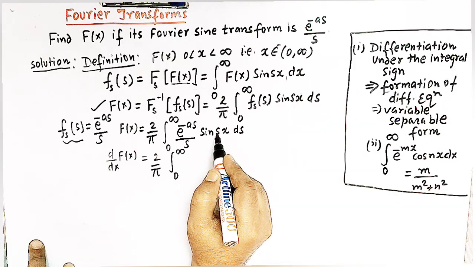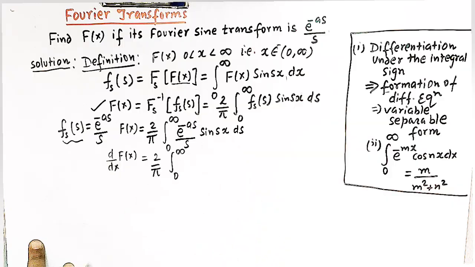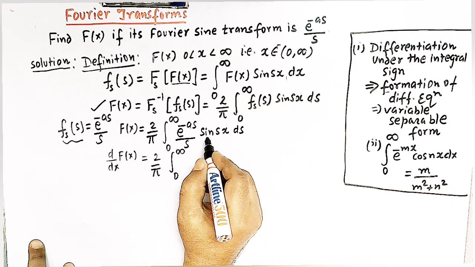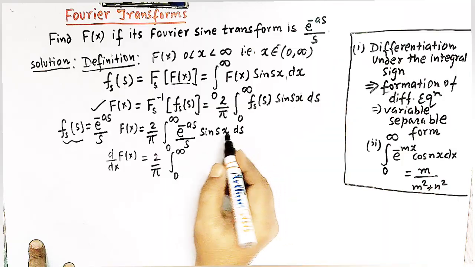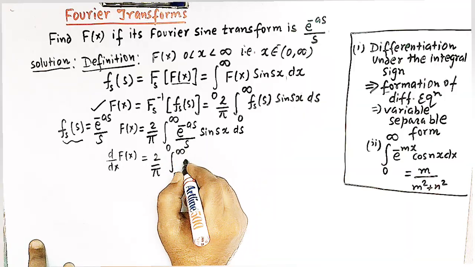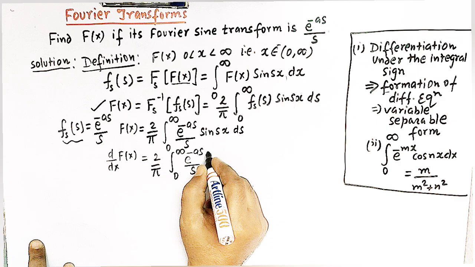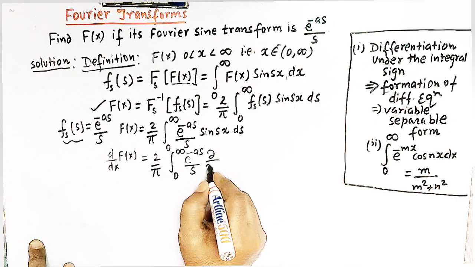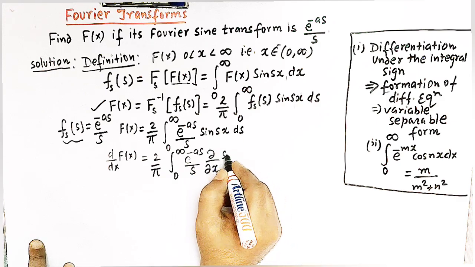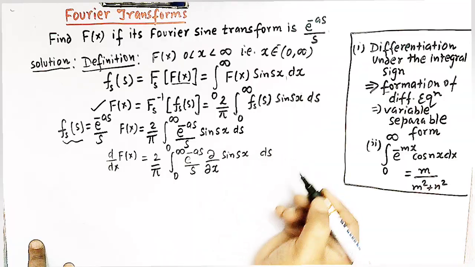We'll treat s as a constant, that is, we calculate the partial derivative with respect to x. So we have e raised to minus as over s, and del over del x of sine s times x, ds.